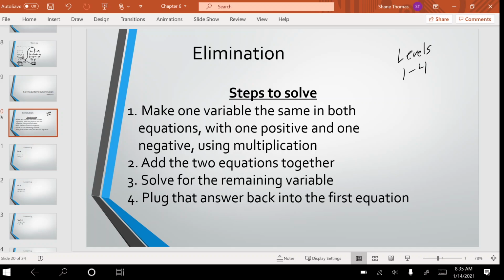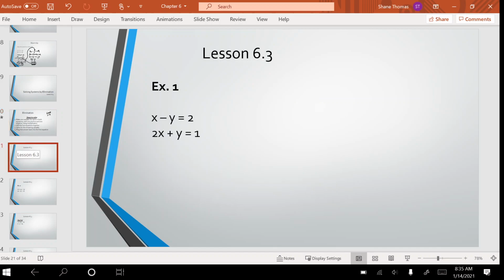All right, so first off, let's start with a level 1. Now I'm just going to put a little 1 on here. So let's say level 1 here.